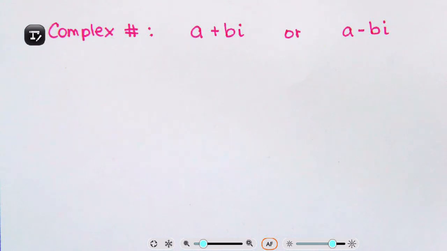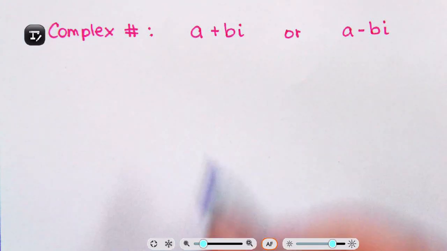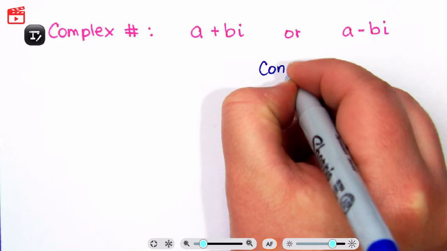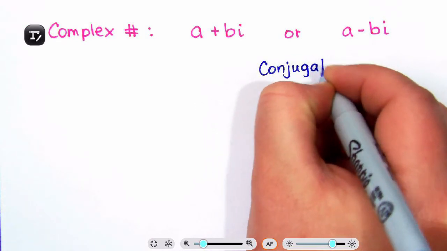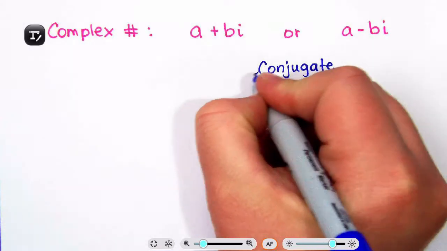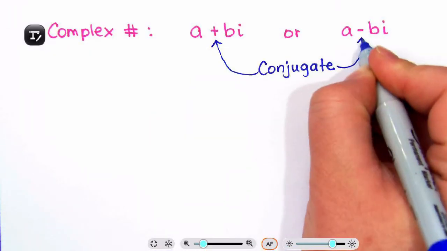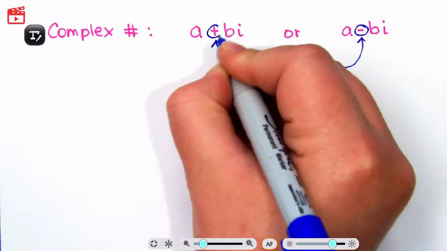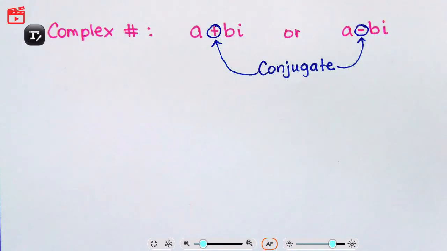Now, conjugate is a really fancy word. And I think the word itself sounds a little complicated, but I promise you it's not bad. Conjugate just means that everything stays the same except the middle term symbol, or the second term. The symbol is different.